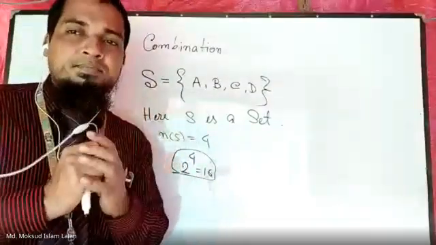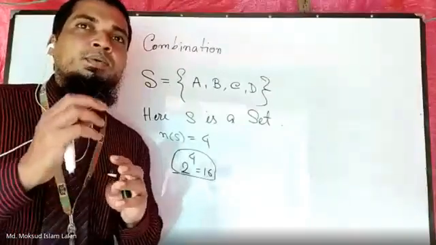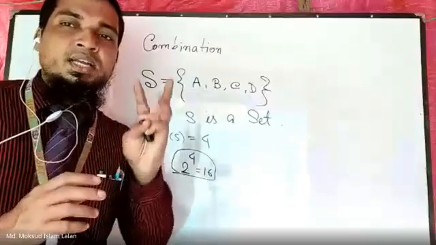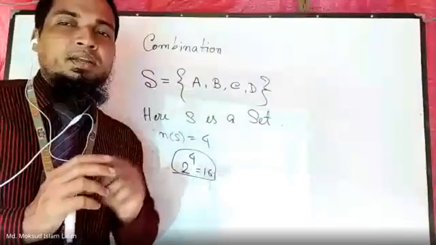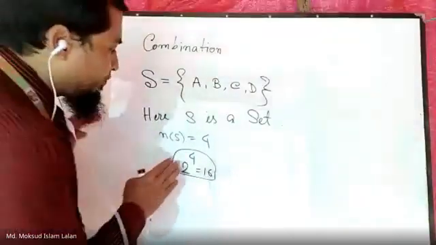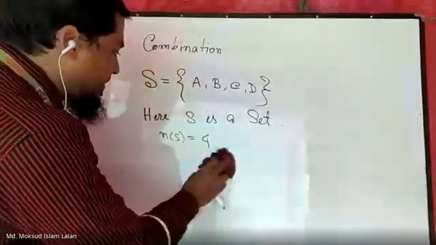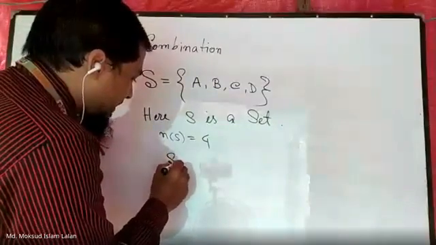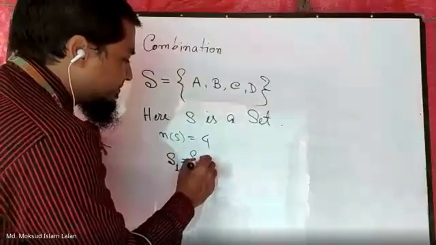Among the 16 subsets, if I ask you to form a subset by considering three elements, how can you form it, dear students? Here you can write S1 by considering three elements. So what will it be? ABC, am I right? Yes, sir.